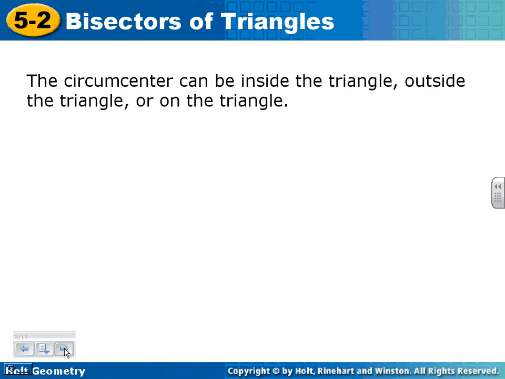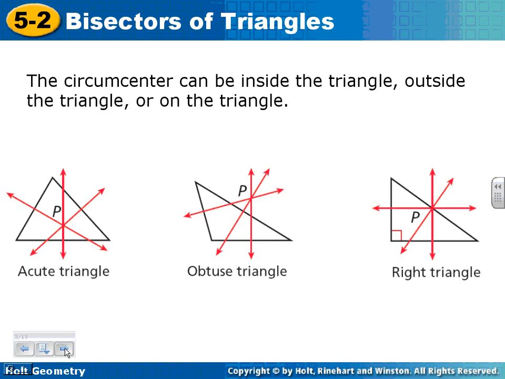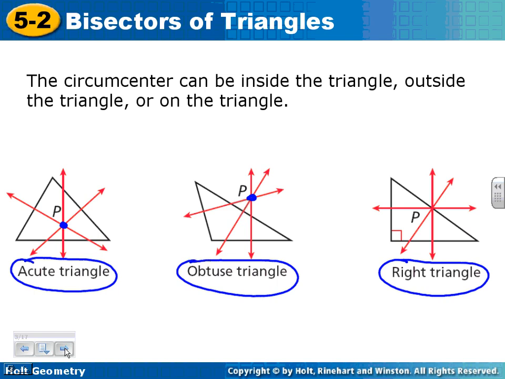With that said, the circumcenter can be inside the triangle, outside the triangle, or on the triangle. If the triangle is acute, the circumcenter will be inside the triangle. If it's an obtuse triangle, the circumcenter is outside the triangle. And the third possibility, if it's a right triangle, it lies on one of the sides. It's on the triangle.